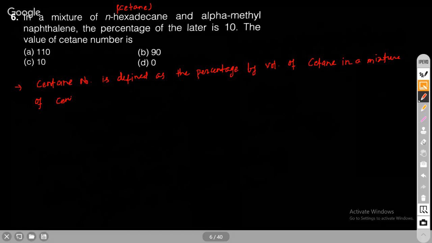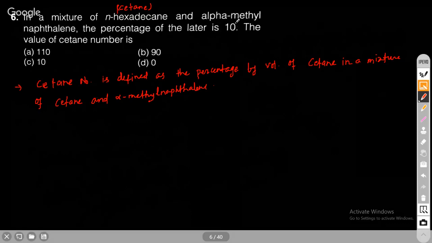and this compound, alpha methyl naphthalene. Okay, so cetane is nothing but n-hexadecane, right? Now you see this question, the percentage of the latter is 10%, right?